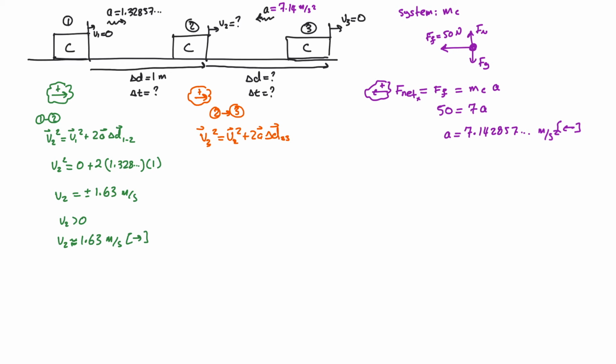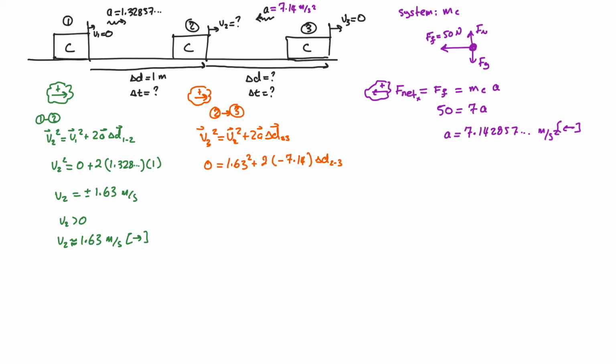Okay, back to this one. v3 here is 0 because it's going to stop. v2 I calculated as 1.63, squared, plus 2a. I have my a value, that's negative 7.14, and delta d is what I'm trying to find, so that's delta d from stage 2 to 3.